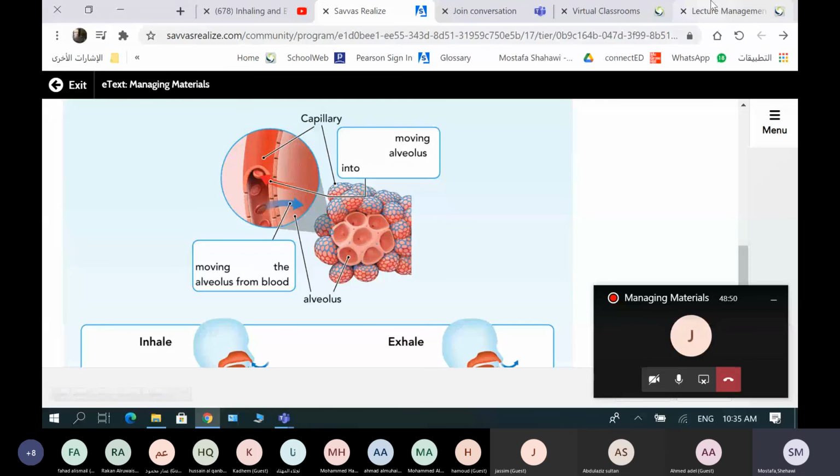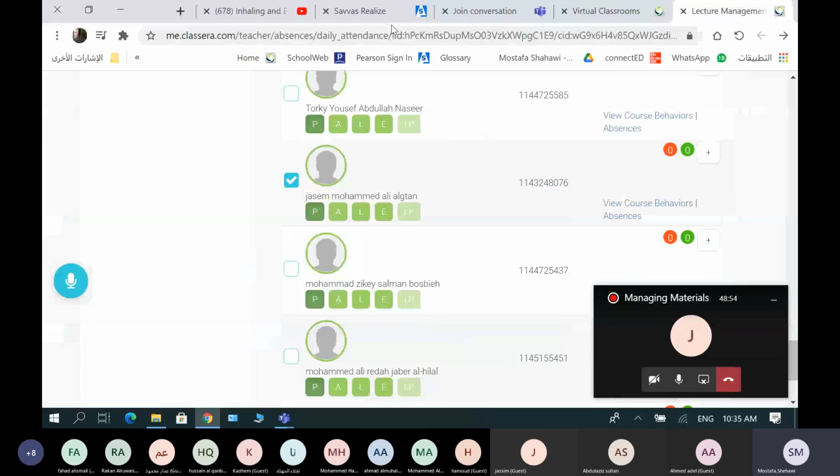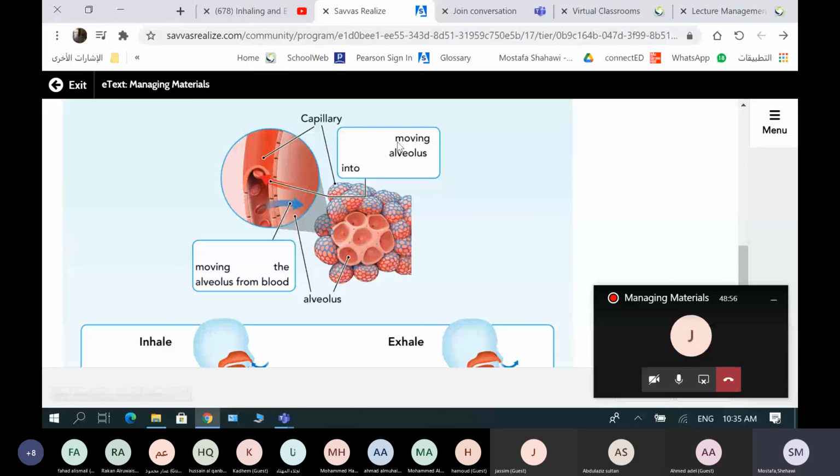Who knows? Anybody knows? This is the end of the session, guys. I will do it myself. Here, oxygen moving out of the alveolus and into the bloodstream. Oxygen will move from the alveolus into the blood.